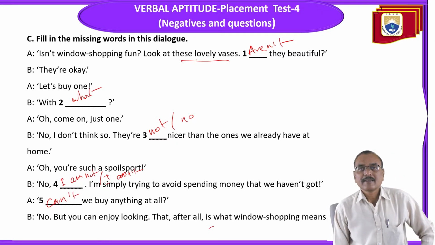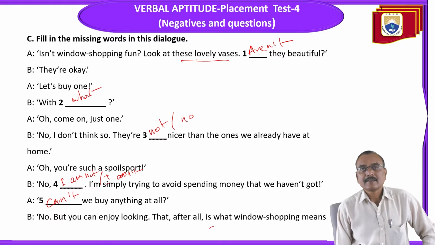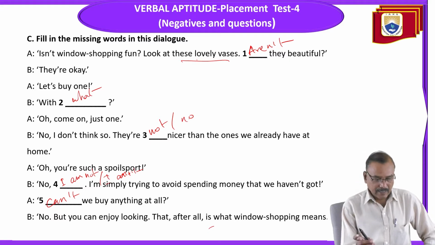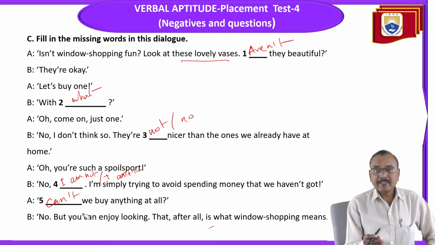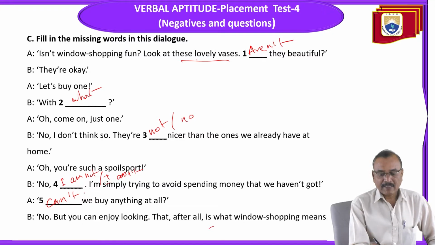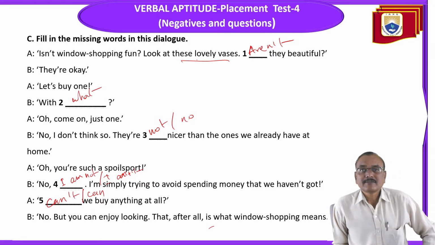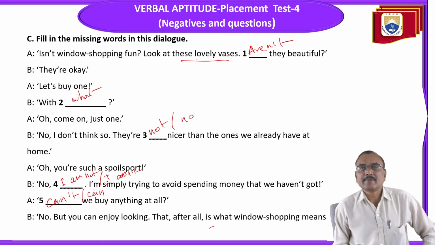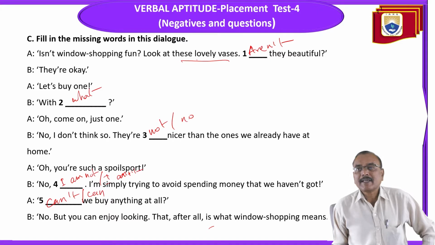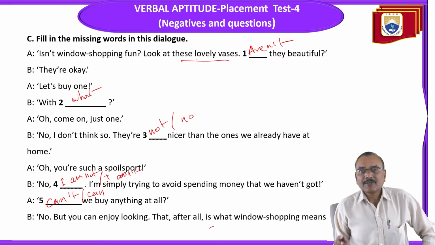Or can we buy anything at all? Or can't we buy? Because the previous sentence is negative, I am simply trying to avoid spending money that we haven't got. So you are saying we don't have money. So can't we buy anything at all?